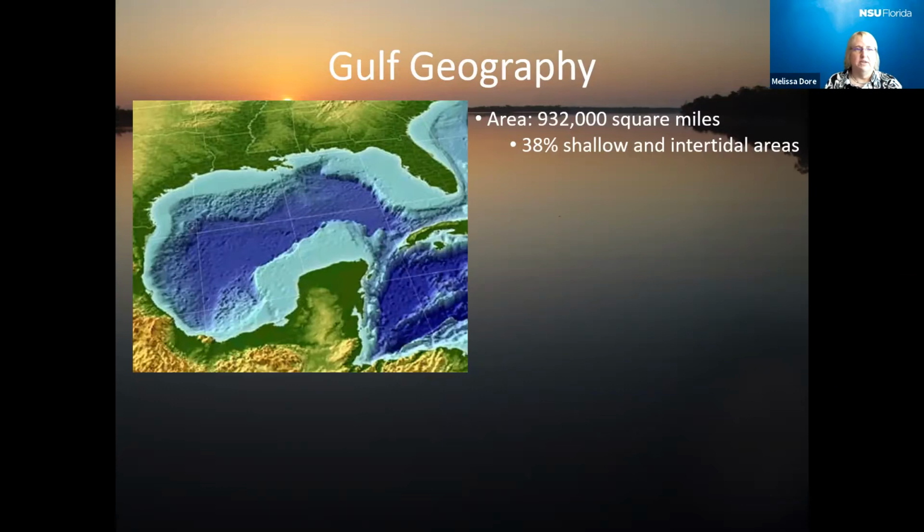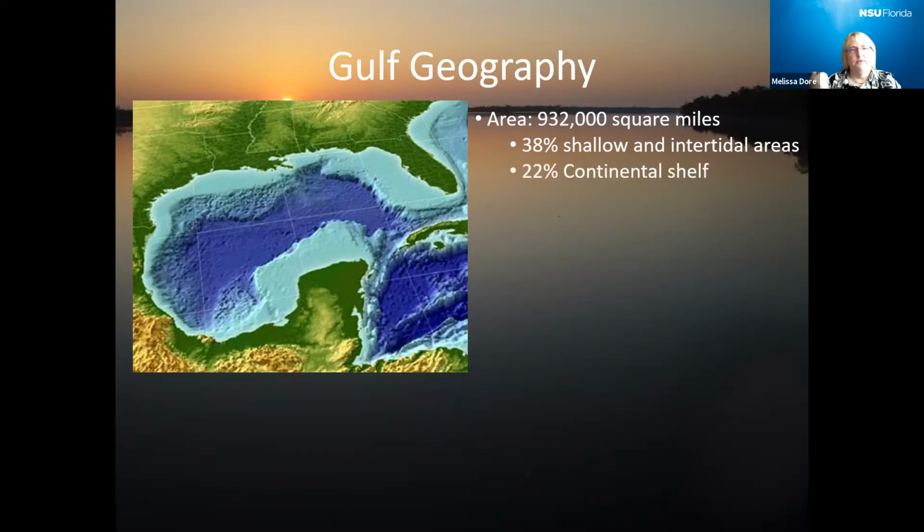If you've gone to the Gulf of Mexico, you realize it's very flat. Unlike New England or California, where there are huge cliffs, we don't have that here. We're very shallow, so we have these huge marshes and huge lakes. That's really important to think about when we're dealing with the oil spill later as well.